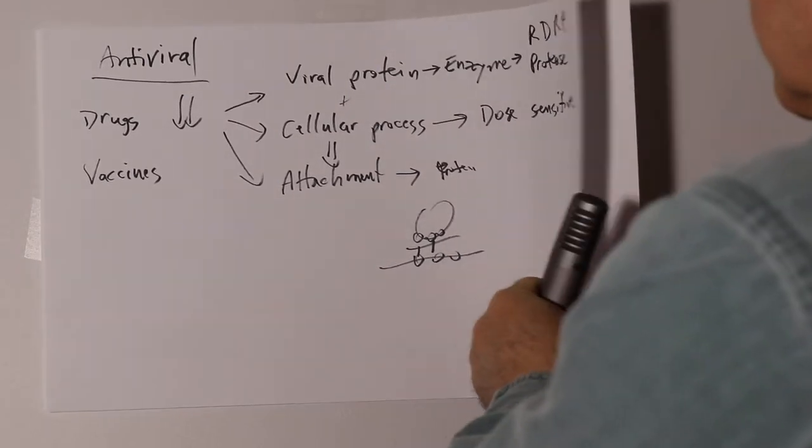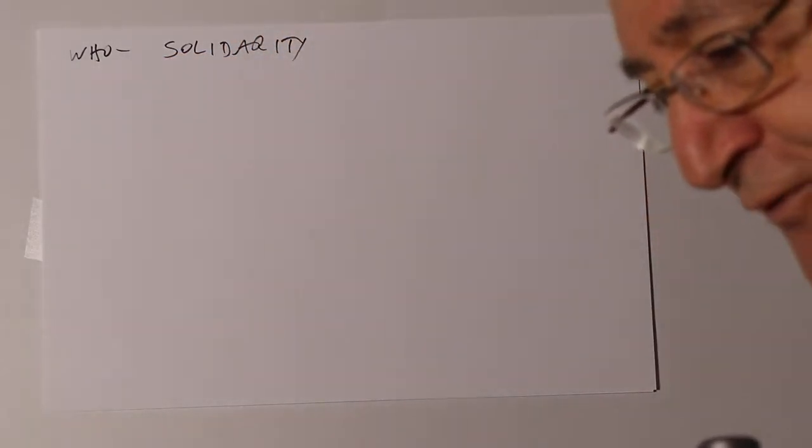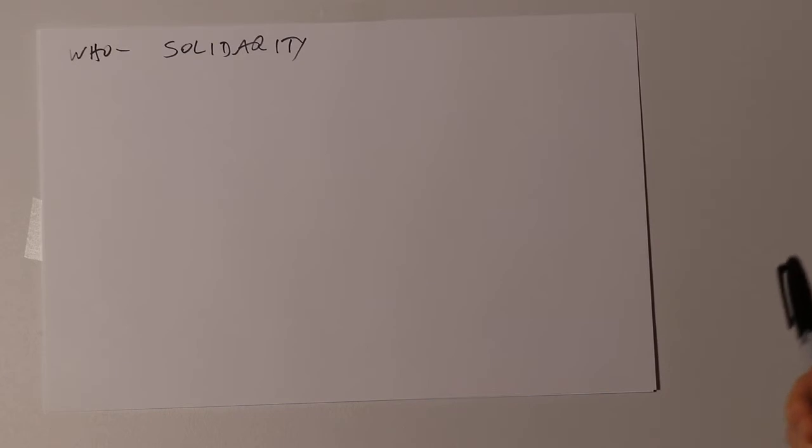From what I read, the World Health Organization has just launched a very large drug trial called Solidarity, and they're testing fewer than half a dozen, 3 or 4 different drugs that are already out there.